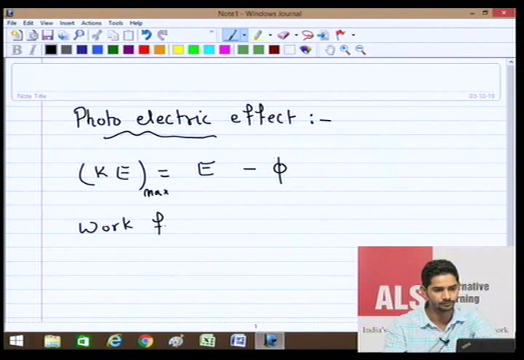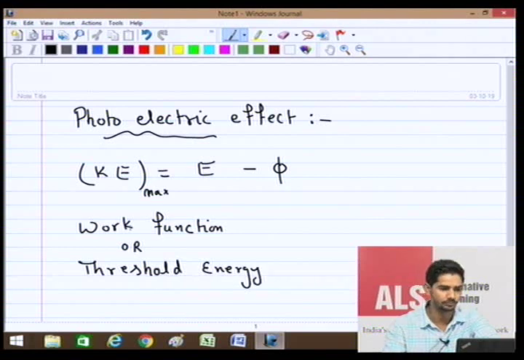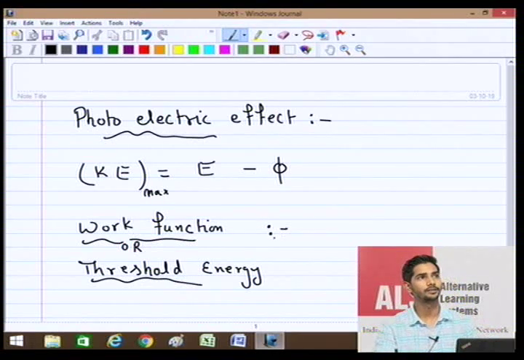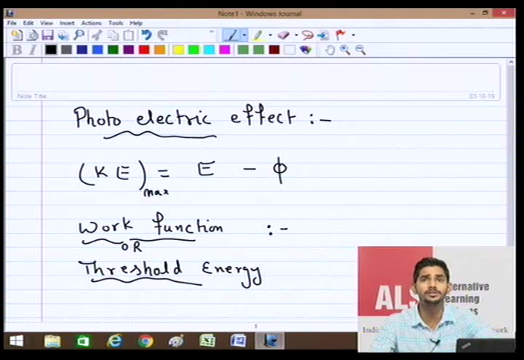Work function, or this is also known as threshold energy. So we can define this in this manner: the minimum energy that is required to just eject the electron from the surface of the metal.